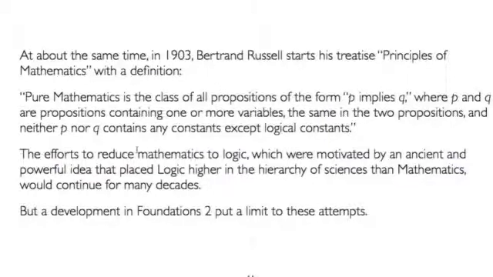He gives a definition in the first paragraph of his work. What is mathematics? Pure mathematics is the class of all propositions of the form P implies Q, where P and Q are propositions containing one or more variables, the same in the two propositions, and neither P nor Q contains any constants except logical constants.